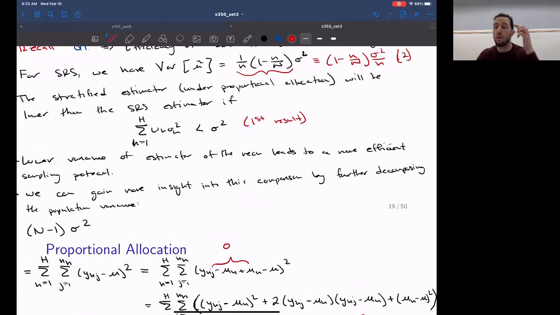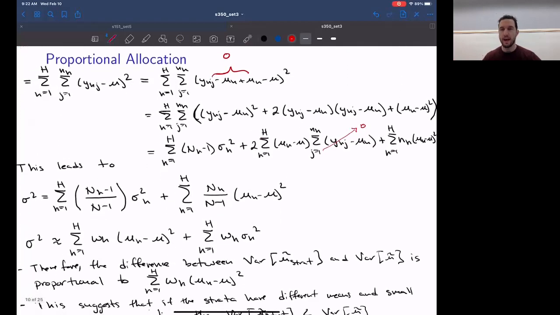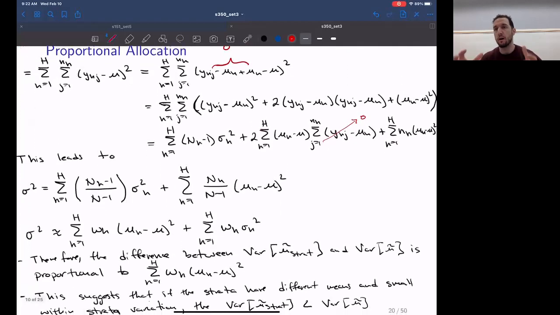Like, it's good to know when it would be less, but when can we expect this to be the case? So we would expect this to be the case when we have strata that are well defined. And what we mean by being well defined is that we have separate groups of observations that each have their own mean. And the variation within the strata is tight, which means that everything is relatively close to that average estimate coming out of the strata.